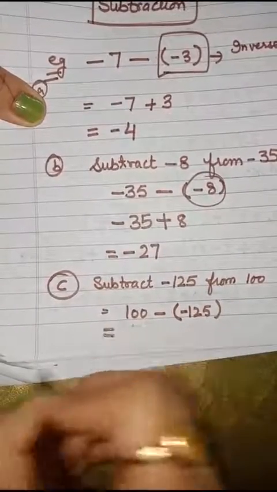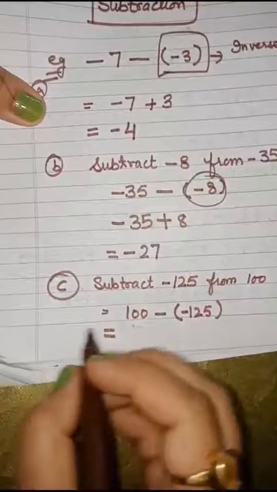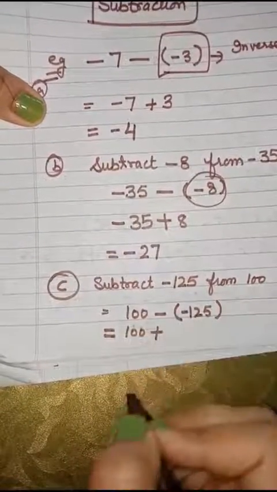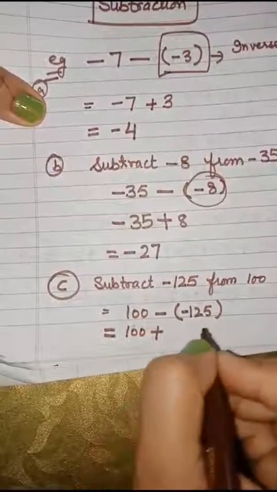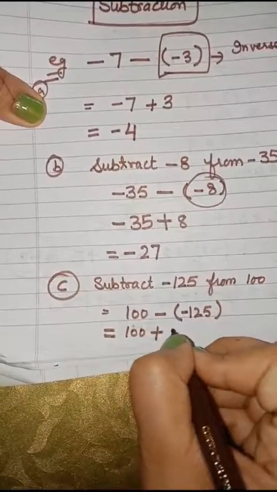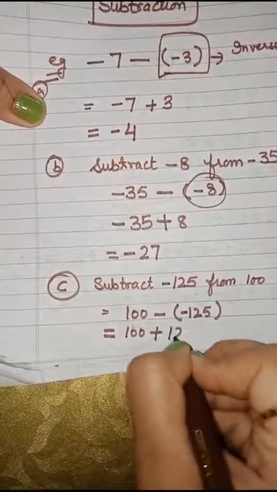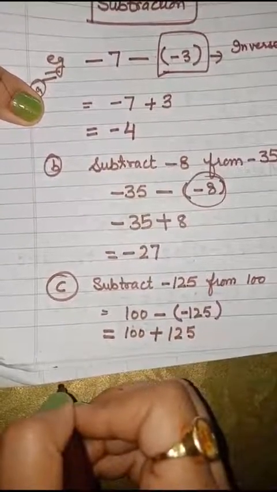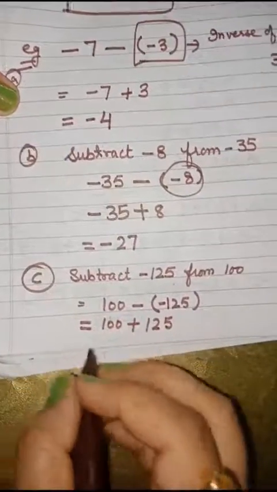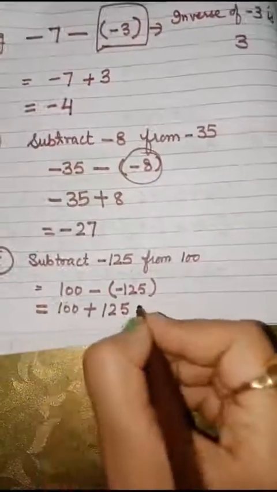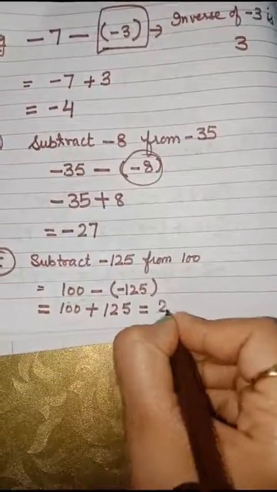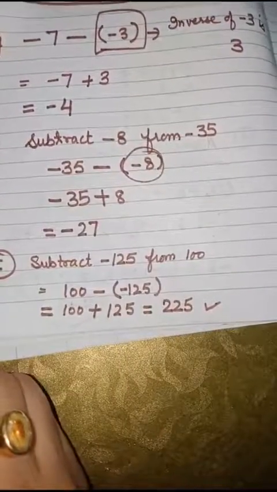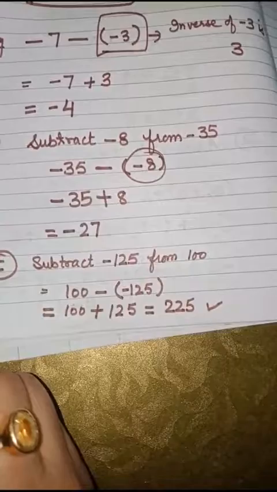And as per the subtraction property, we have to add the inverse of the integer to be subtracted. So the inverse of minus 125 is 125. Minus 125 will be positive 125. So now if we are adding 100 and 125, the answer will be 225. And this is how to perform subtraction on integers.